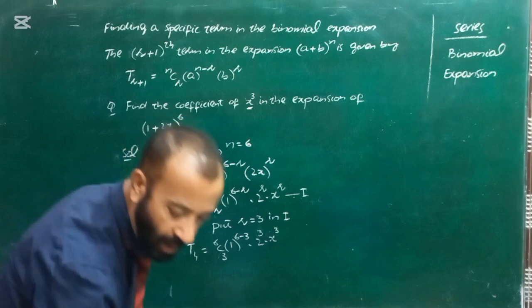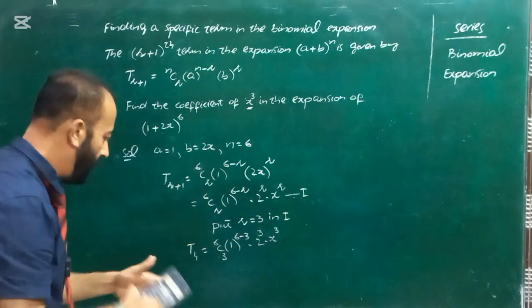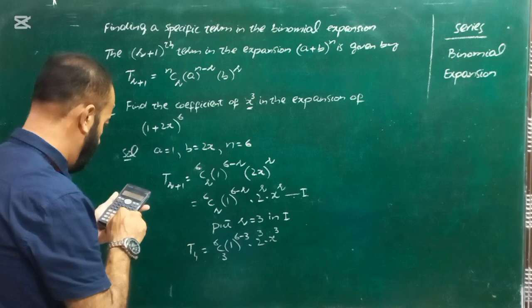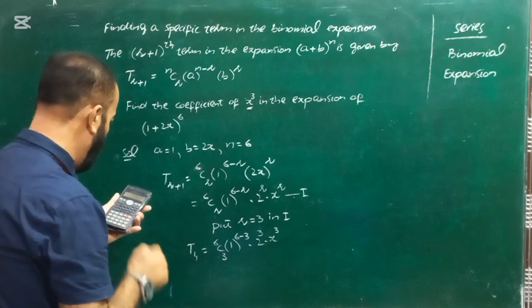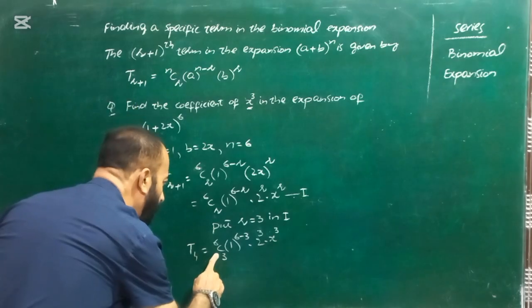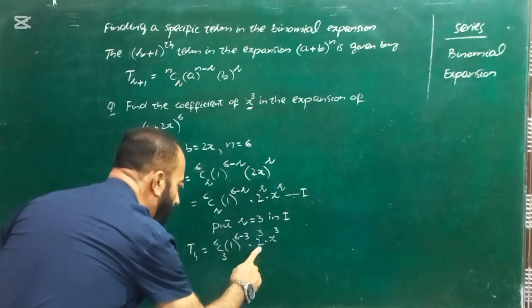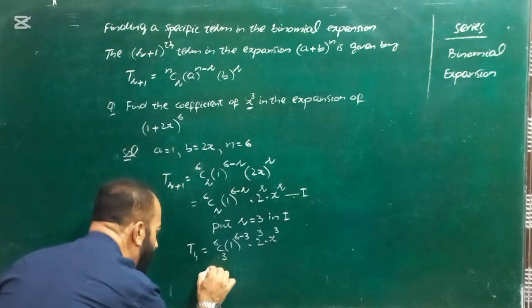So solving it now, 6c3. Answer is 20. 20 into 1, 20, and into 8 will be 160.